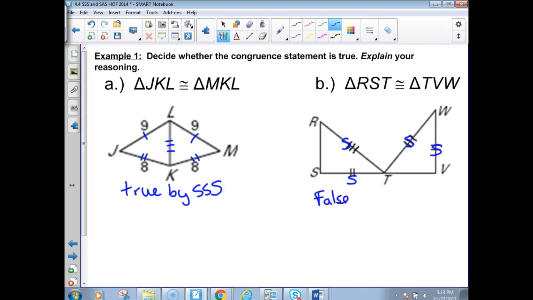There is not enough information. Only two sides, or you can write only two pair of sides are congruent. You don't know for sure. So you can't just base it on appearance. Don't worry if you didn't write exactly what I wrote, as long as it's something like it.